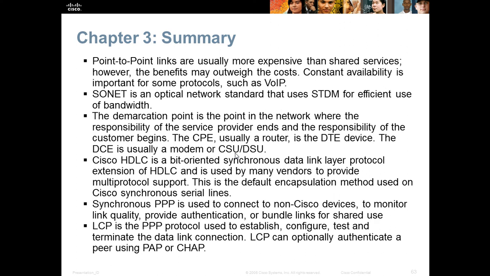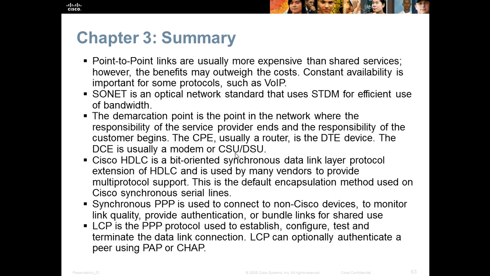The demarcation point is a point in the network where the responsibility of the service provider ends and the responsibility of the customer begins. The customer premises equipment, or CPE, is usually a router and a DTE device, and the DCE is usually a modem or CSU/DSU.